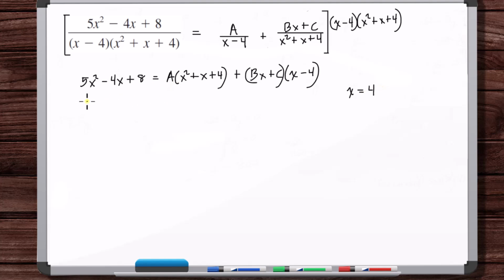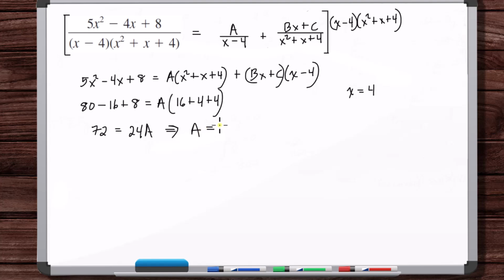Okay, so 4 times 4 is 16. 16 times 5 is 80, minus 16 plus 8. This goes to 0, and then we've got 16 plus 4 plus 4. 80 minus 8 is 72. And then 16 plus 4 plus 4 is 24. 72 divided by 24 is 3.